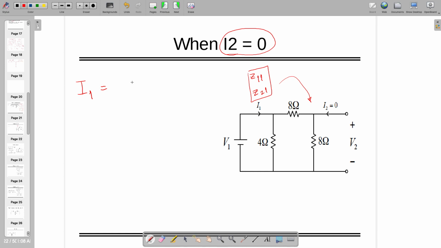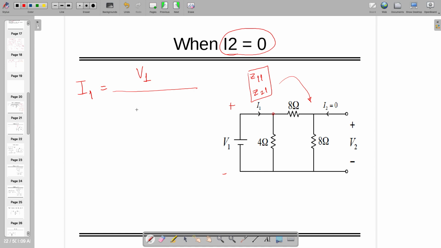So what will be I1? It's following Ohm's law, and you have to follow the plus and minus terminal. So the current should come back, right? So between plus and minus, what are you seeing? V1 divided by, look, this is the voltage here, right?